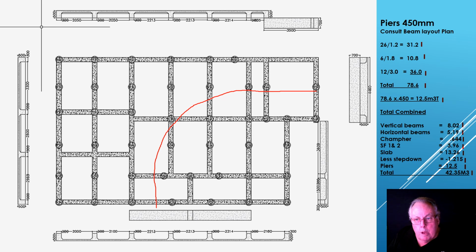So just put in one part: vertical beams, horizontal beams, check down chamfer, that is their SF1 and 2, slab, step down, and piers. And that will be much easier for us to follow through.